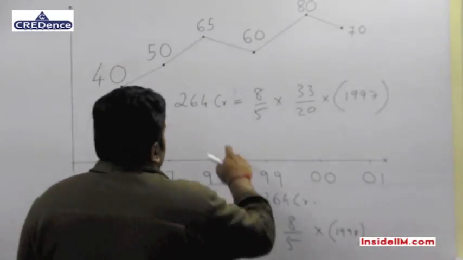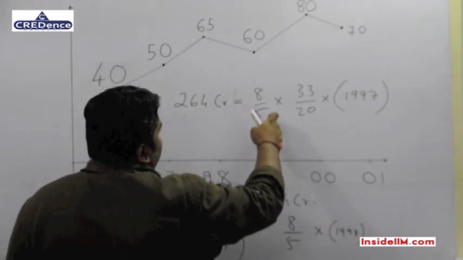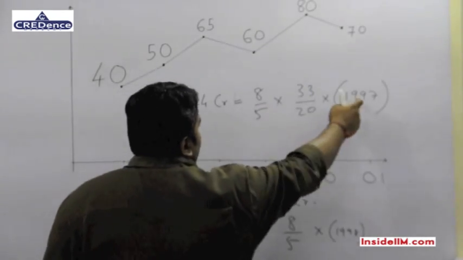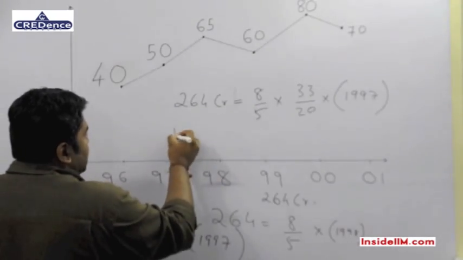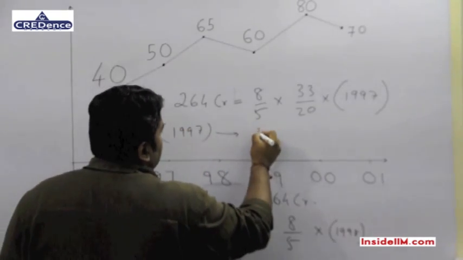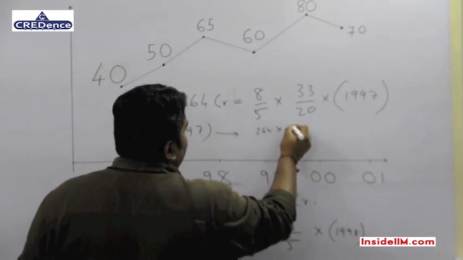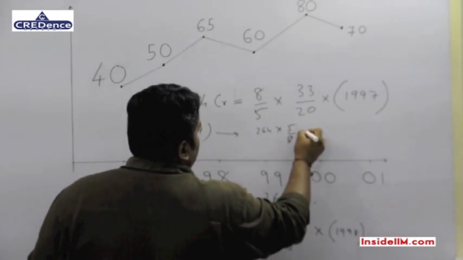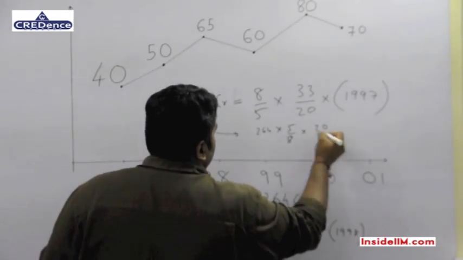So 264 crore is 8 by 5 into 33 by 20 of this value. So you can just directly solve and get the value for 1997 is 264 crore into 5 by 8 into 20 by 33.